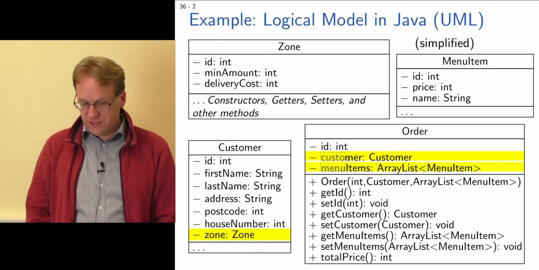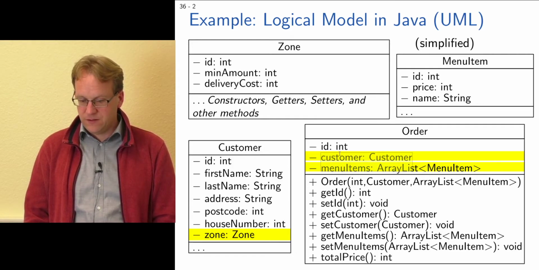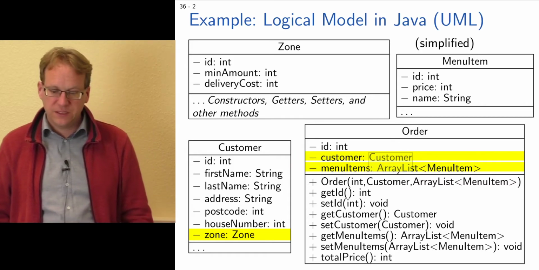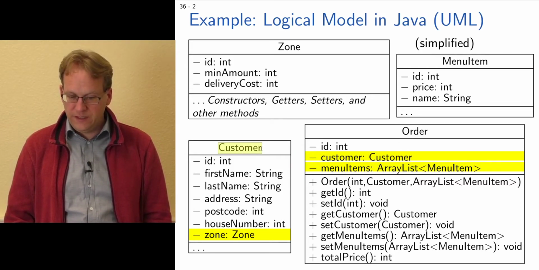Here, we also have the association from the order to the customer who made the order. So for every object of class order, we have the attribute with name customer whose value is of type customer. Meaning for every order, we store a reference to the customer who made that order.